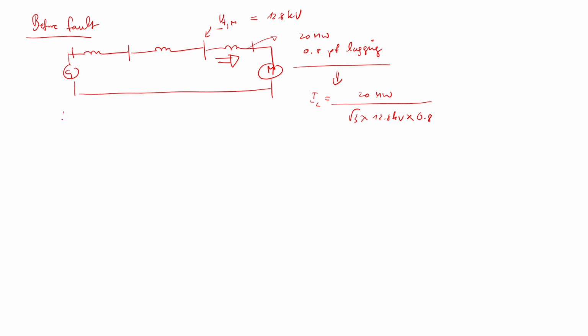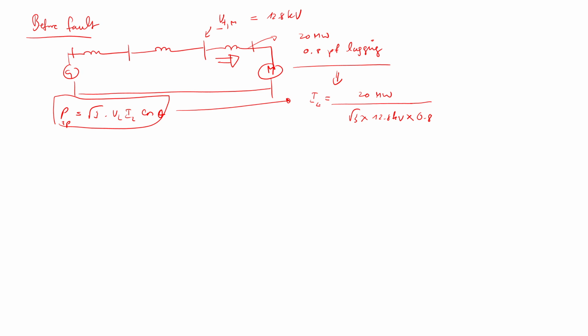It comes from this formula, P of the three phase, which is root 3 times V line, I line, cosine theta, right? This is the formula. So you can change this to IL.